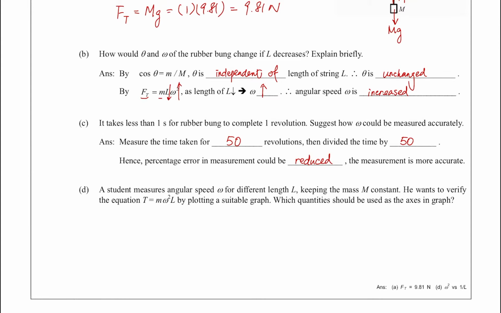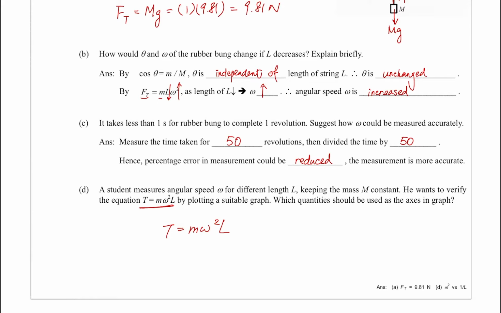Part D, students measure the angular speed omega for different length L, keeping the mass M constant. And so I would like to verify the equation T equals M omega square L by plotting a suitable graph. Okay, so which quantities should we use as the axes?